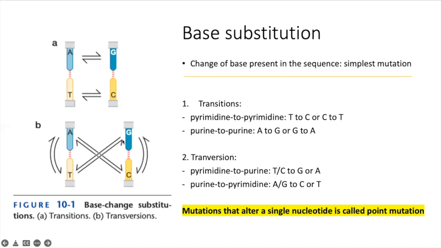If G is converted to T, or if G is replaced by C, it is also called purine to pyrimidine transversion. Or if T or C is replaced by either A or G, it is called pyrimidine to purine transversion. So there are 8 possible mutations that can take place using transversion.